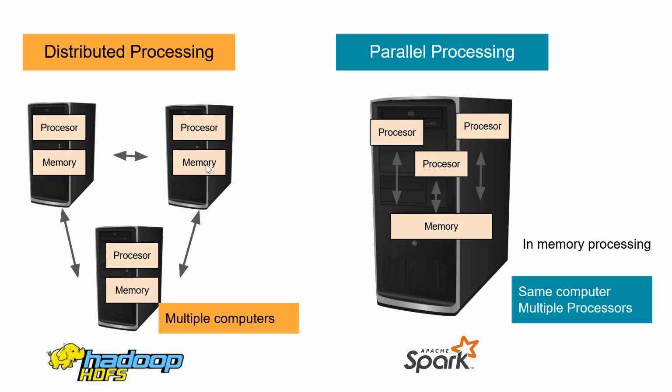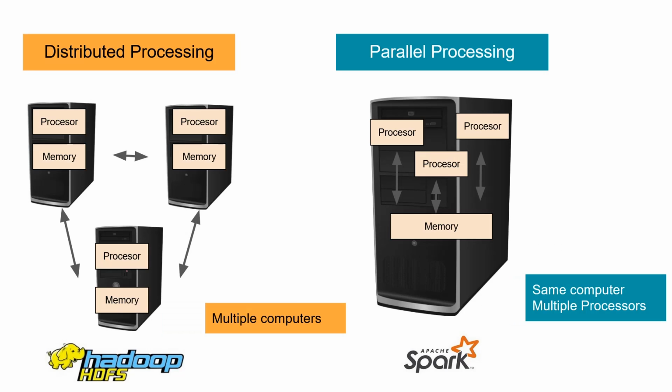Of course, it will distribute the task among different computers available on the cluster, but at the same time, it is doing parallel processing on each of those computers. So, overall speed of the task execution is much faster than distributed processing of a classical Hadoop cluster. So that was one of the advantages of using Spark over Hadoop.